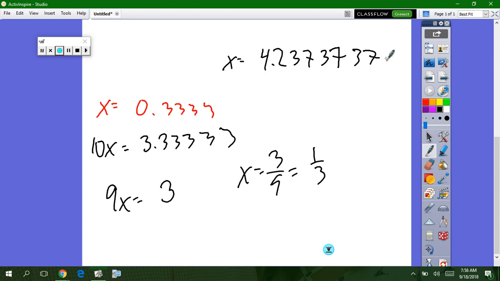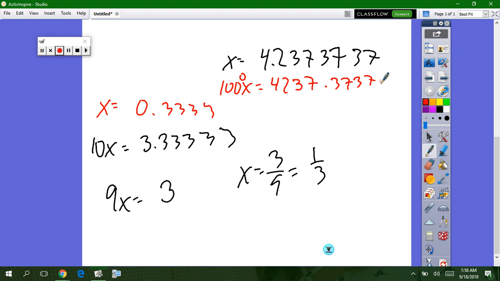I have to multiply it by 100, don't I? Okay, so I get 100x equals 423. Oh, excuse me. That's 1,000, isn't it? Sorry about that. 0.3737. So now, if I subtracted these two, would it get rid of each other? Yes or no?